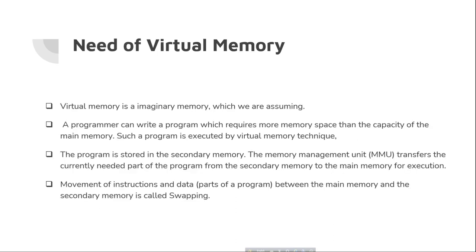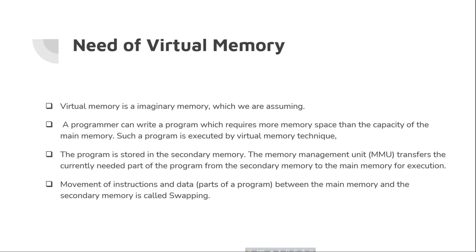Need of virtual memory. Why we use virtual memory? Virtual memory is this imaginary memory which we are just assuming, that is not available physically. A programmer can write a program which requires more memory space than the capacity of the main memory. The program is stored in the secondary memory. The memory management unit transfers the currently needed part of the program from the secondary memory to the main memory for execution.